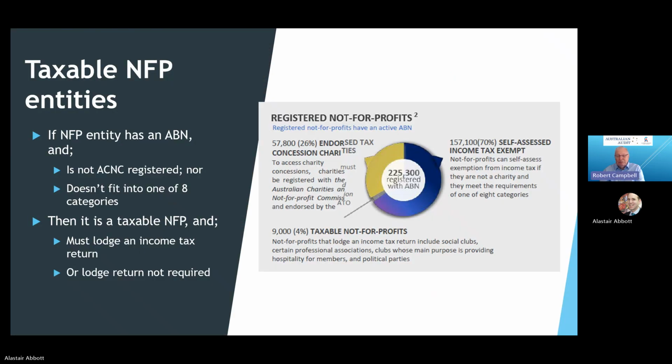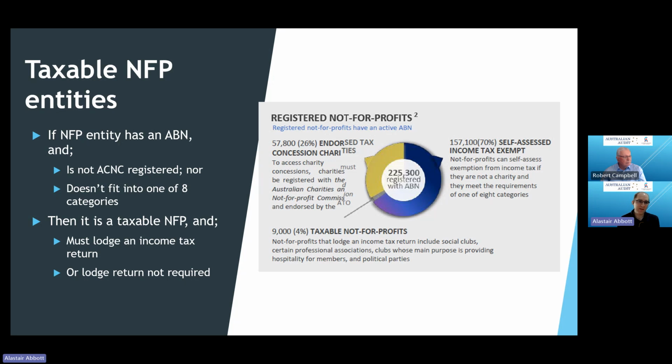The wonderful doctrine of mutuality. Al, I'll let you speak to this. Okay, so I guess to introduce mutuality, to keep things in context, we come back to that main slide about what are the entities we're talking about. So we had the ACNC entities, which was that 60,000.